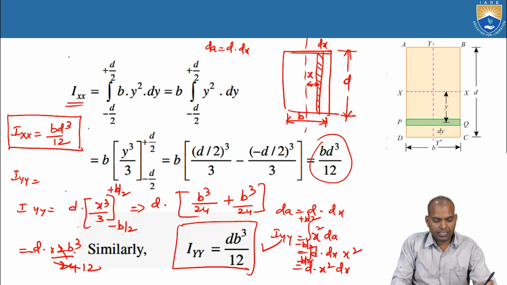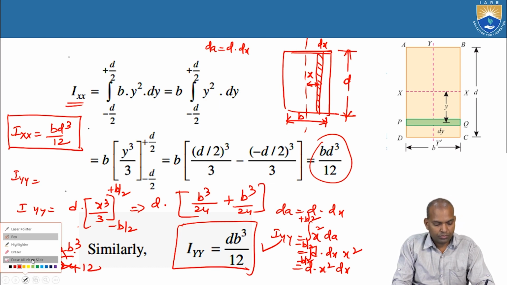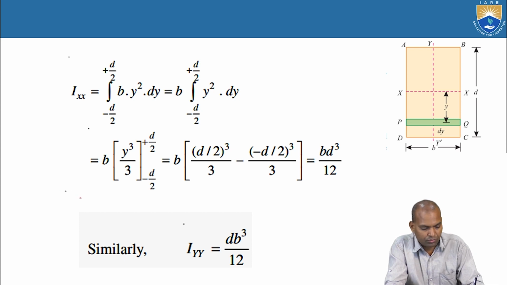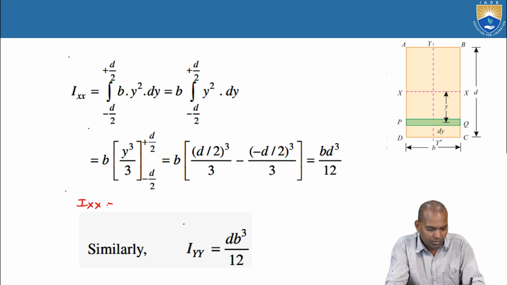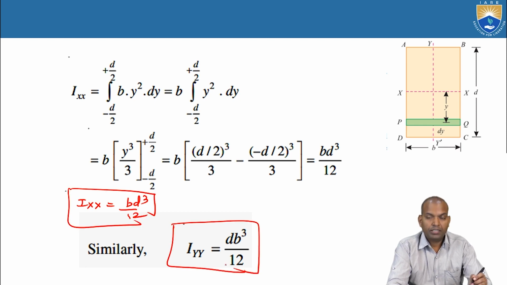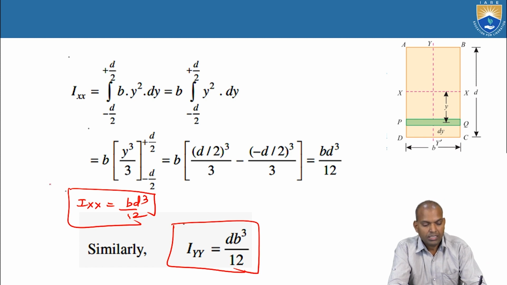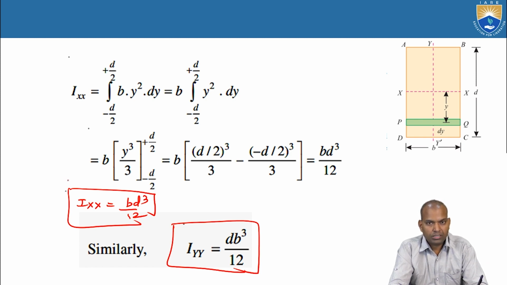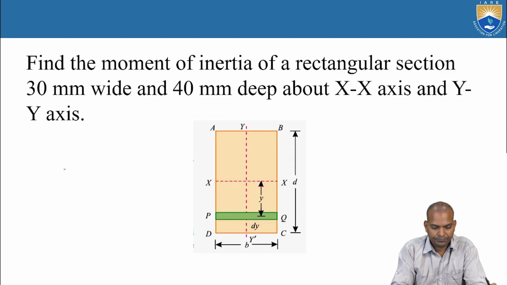So Ixx equals bd cube by 12 and Iyy equals db cube by 12. These are the important expressions of moment of inertia of a rectangular section.